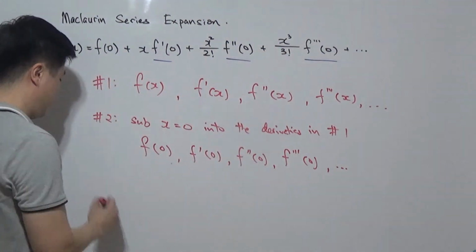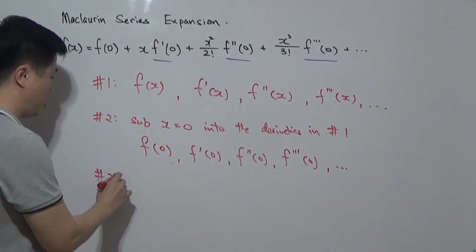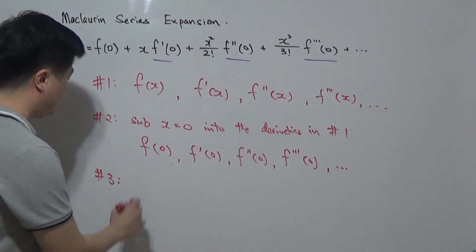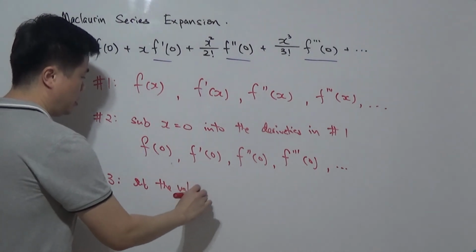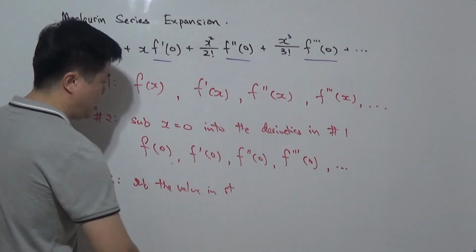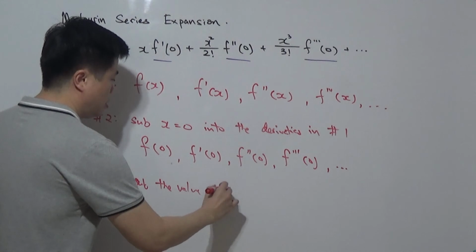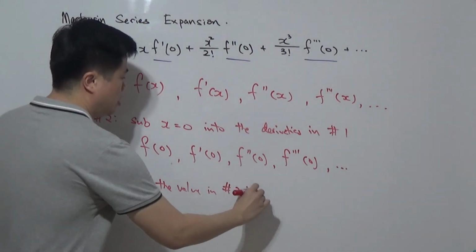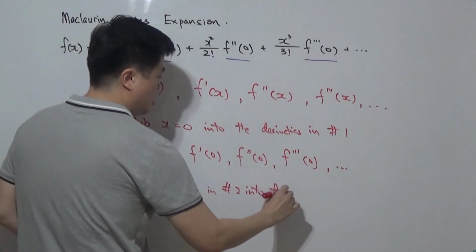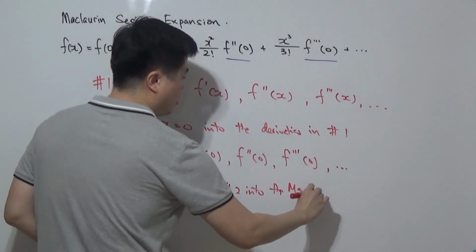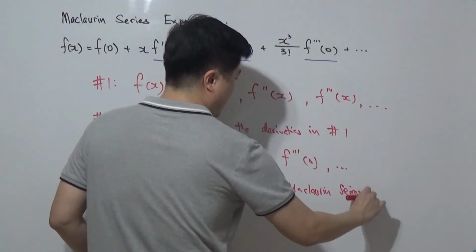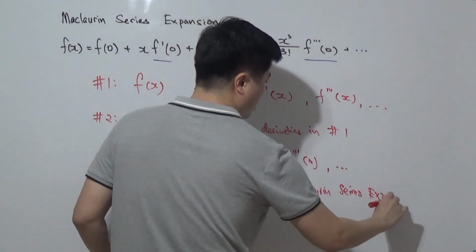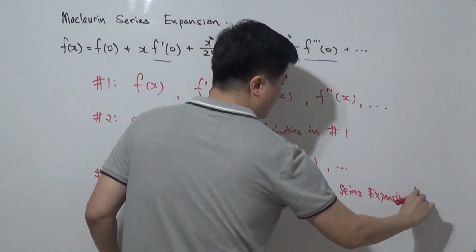Once that's done, we move on to step number 3, and that is to sub the values in step 2 into the Maclaurin series expansion formula.